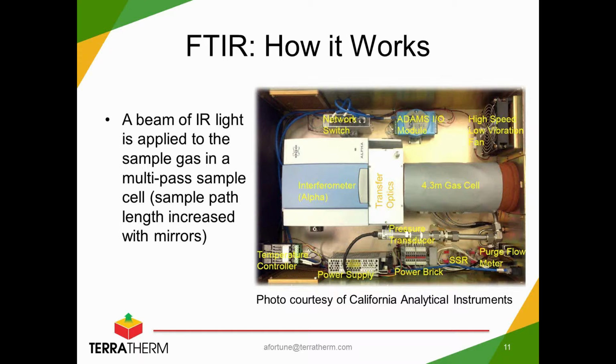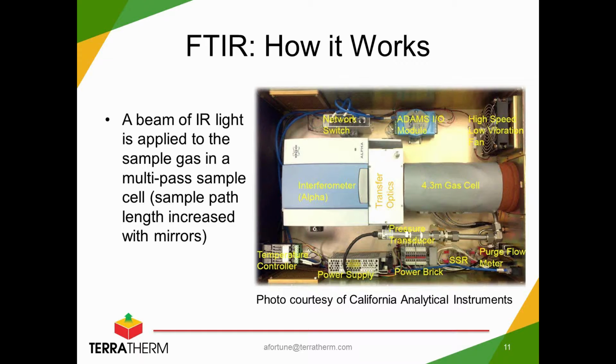So I'll quickly go over what the FTIR is and how it works on a fairly high level. Basically, we're using infrared light. There's a beam of infrared light applied to the sample gas in this multi-pass sample cell. On the right-hand side of the screen, you can see the 4.3 meter gas cell.